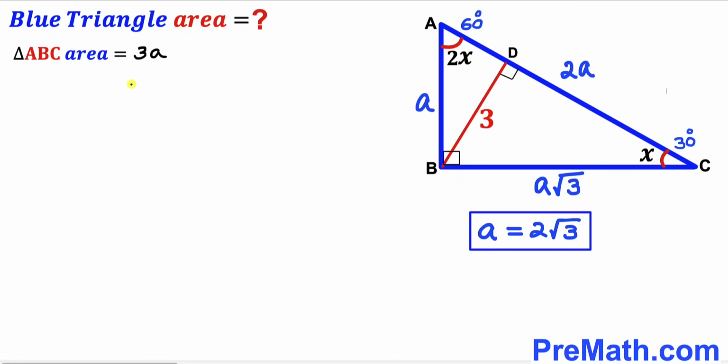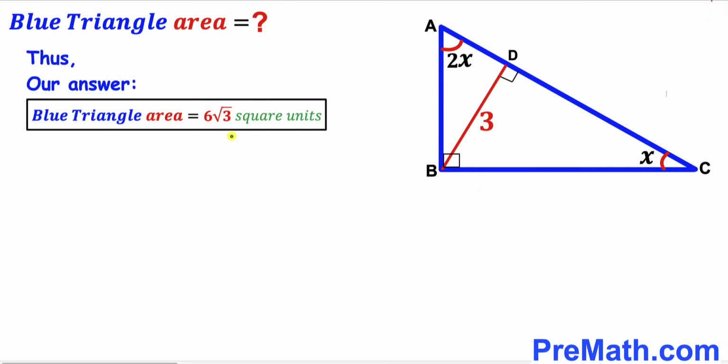So therefore the area of this triangle ABC is going to be 3 times 2 times square root of 3. And if we multiply this, that is going to give us 6 times the square root of 3 square units, the area of this blue triangle ABC.